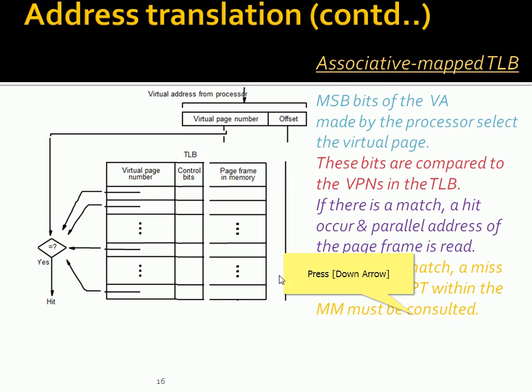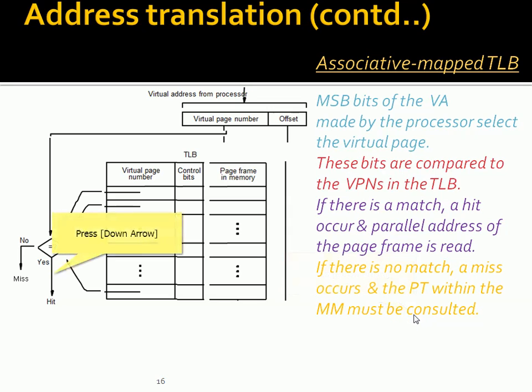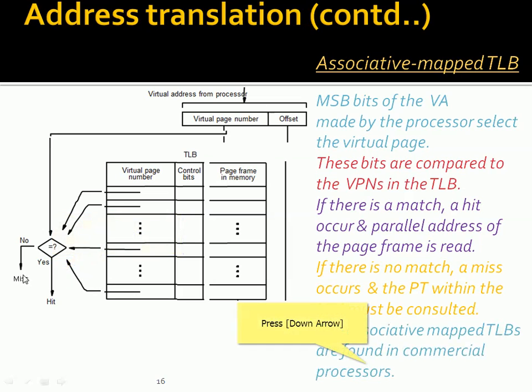Then the page table within the main memory must be consulted. So if there is no match between the virtual page number sent by the processor and the page numbers in the TLB, a miss occurs.